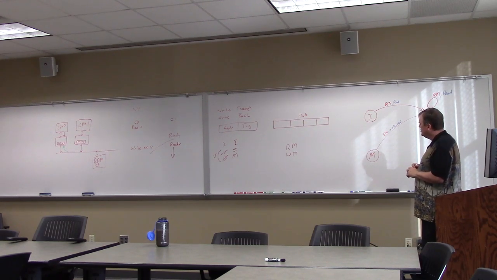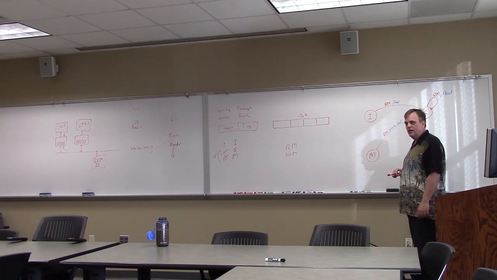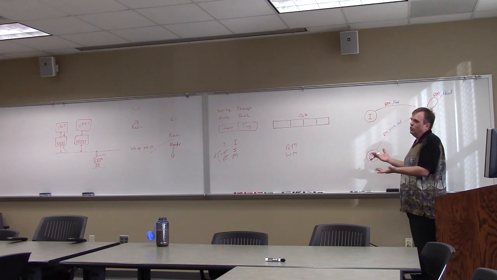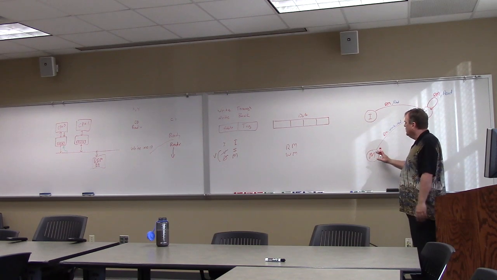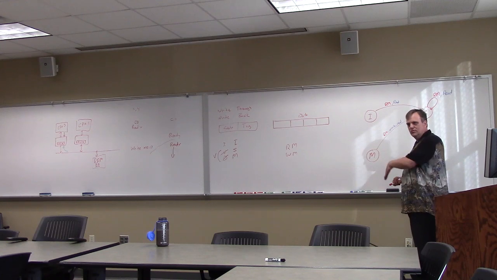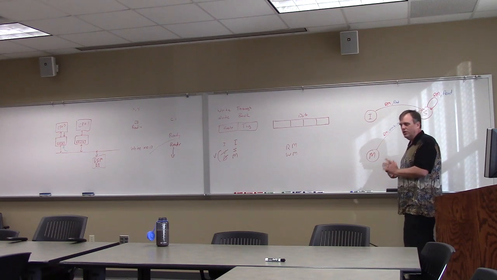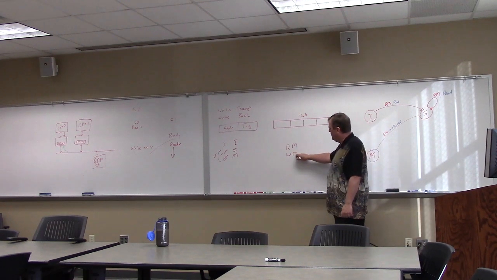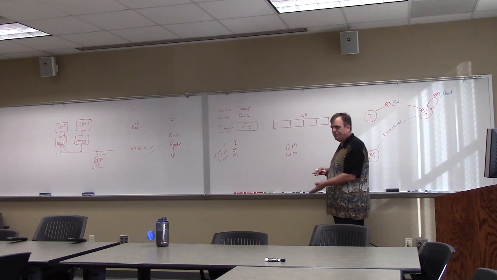Now, let's do the simple thing. Let's say I'm in modified and I get a write miss. So that means that cache is full, I got a miss, so it wasn't on the block that's in there, it's on a new block. So I'm throwing that one out and I'm putting the new one in. Now, some of this is going to depend on whether, on write misses, you are going to allocate or no allocate.